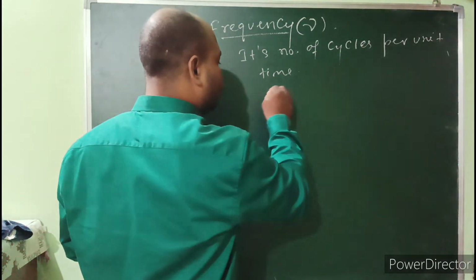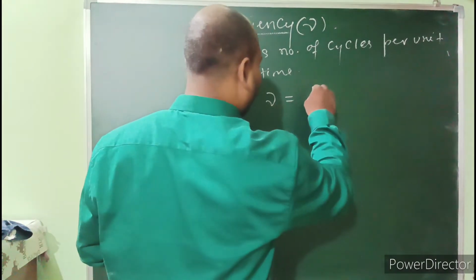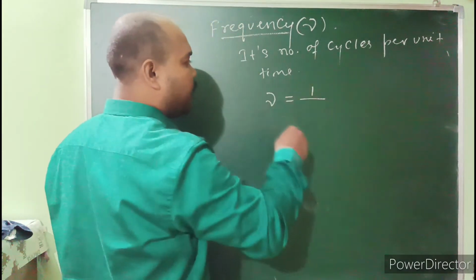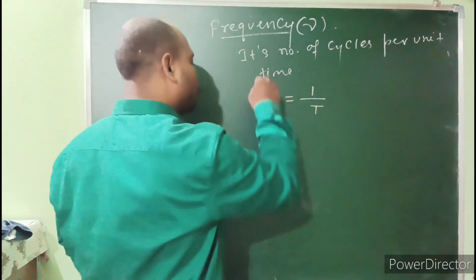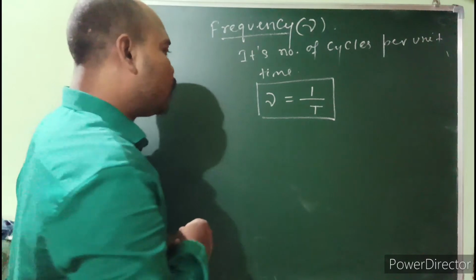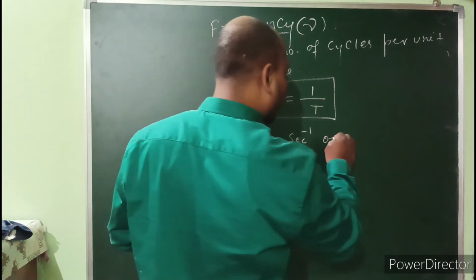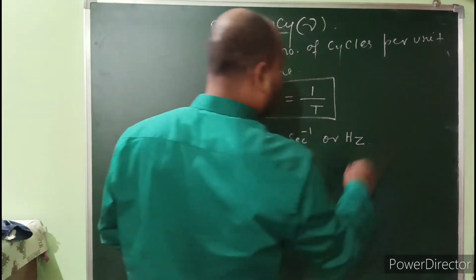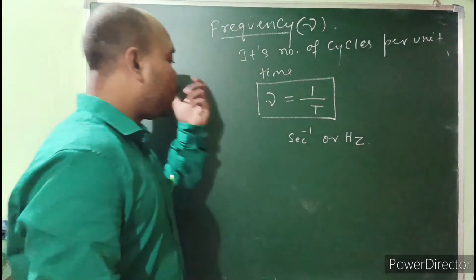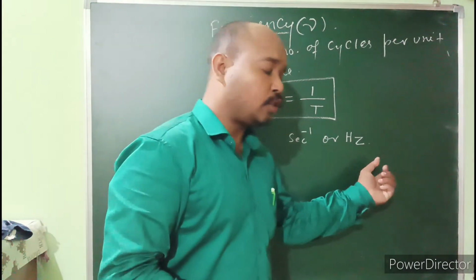So we can say that frequency is equals to, consider number of cycles is 1, then per unit time is t, time taken. So we get that nu is equals to 1 by time. So the unit is second inverse or hertz. So we will find the unit of frequency is second inverse or hertz.